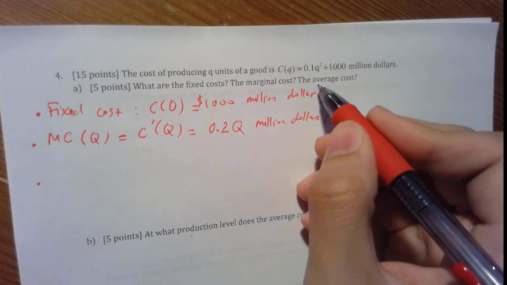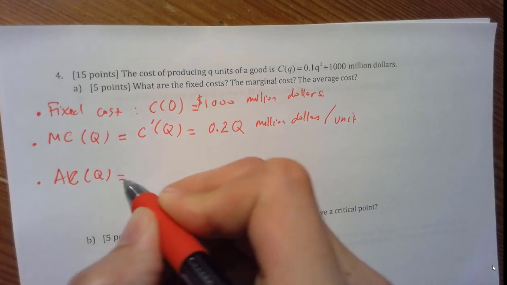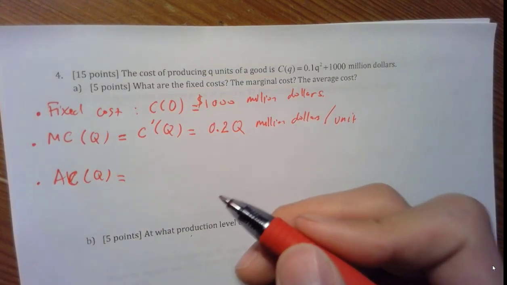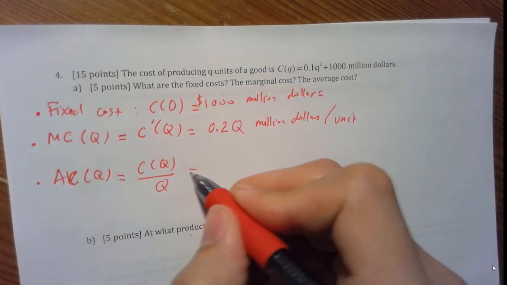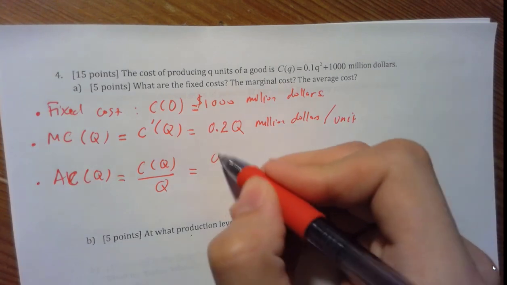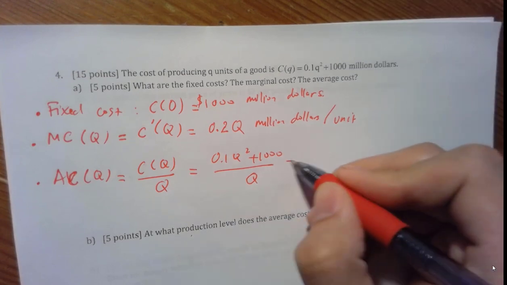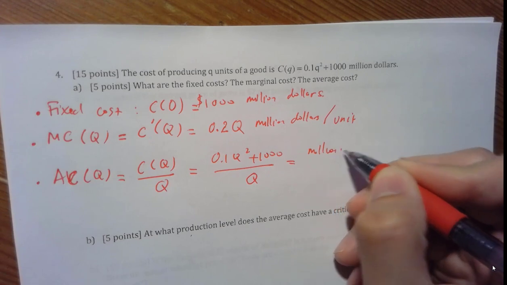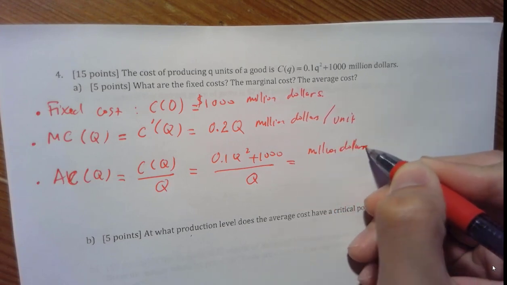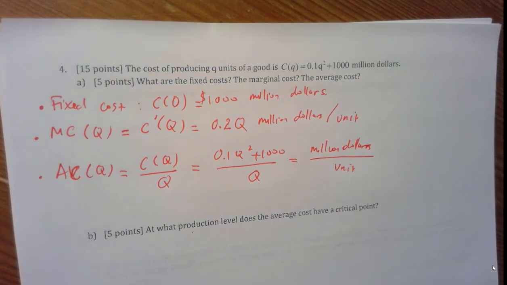And the last question is the average cost, AC of Q. The average cost is equal to the total cost C of Q divided by the quantity Q. In this case, C of Q is 0.1 Q squared plus 1,000, divided by Q. The units here are millions of dollars per unit for the average cost.